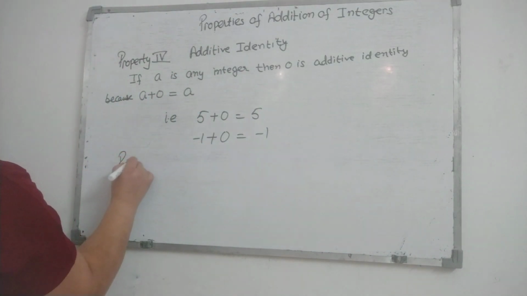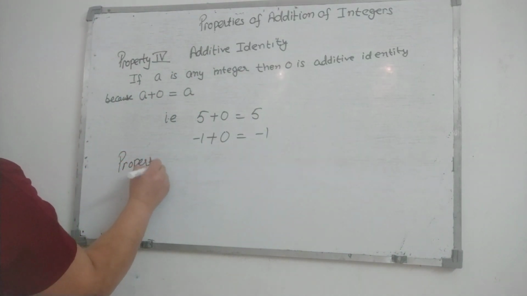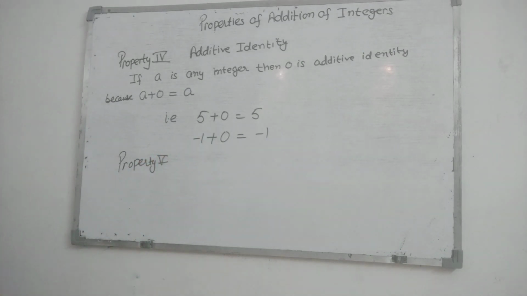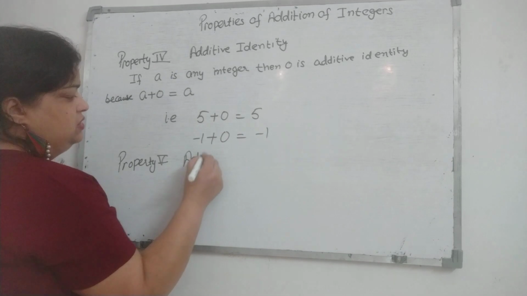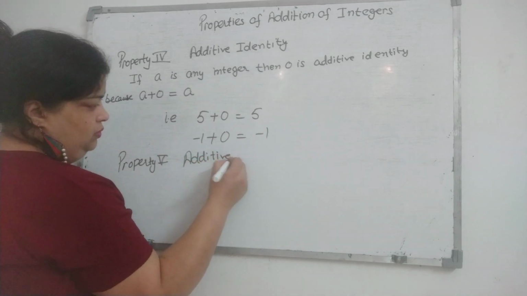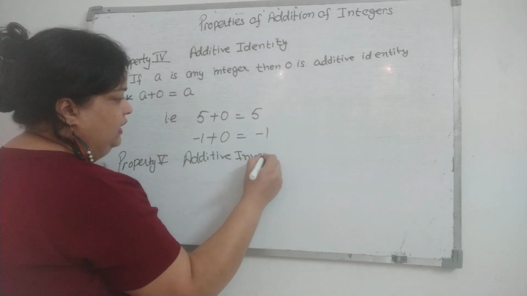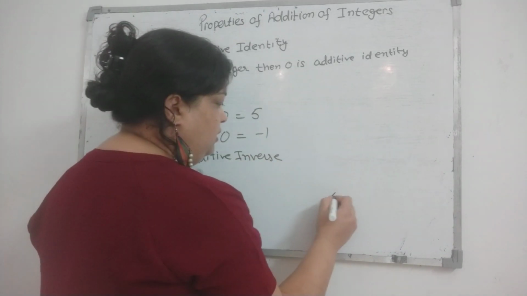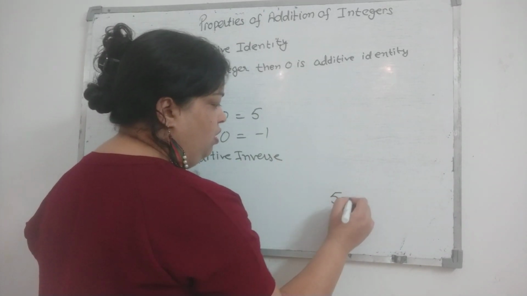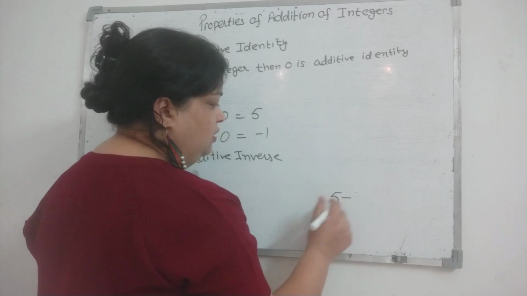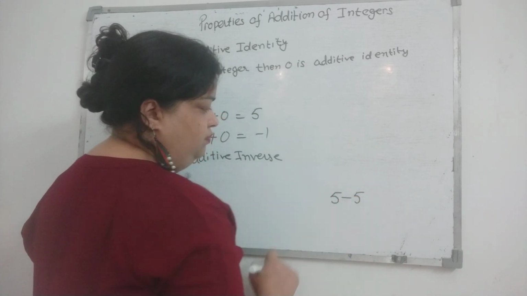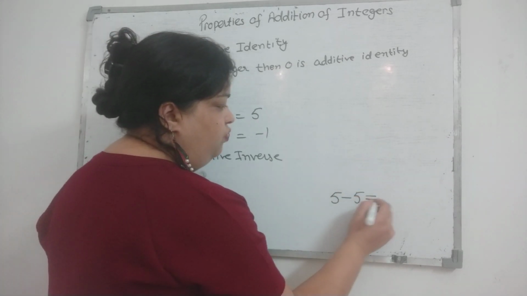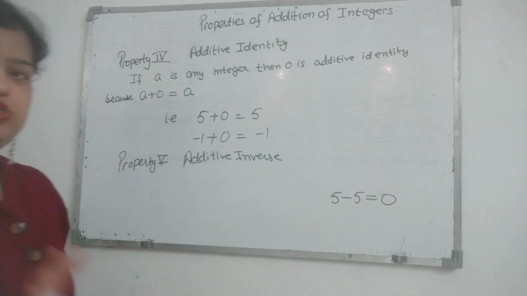Property number 5. What is property 5? Additive inverse. Before telling about additive inverse, first of all, if I add 5 and minus 5, then what is the answer? The answer is 0.